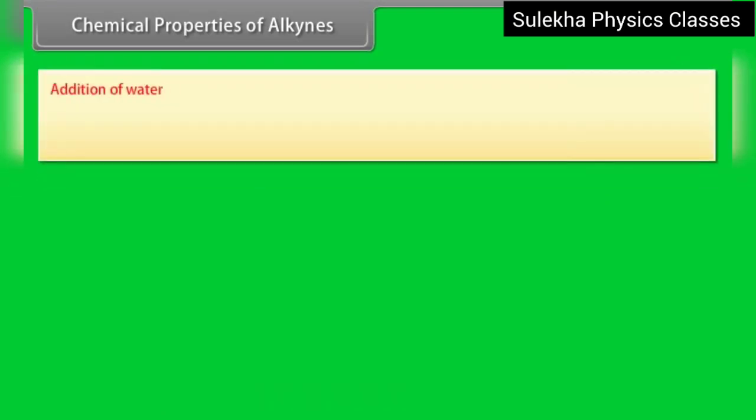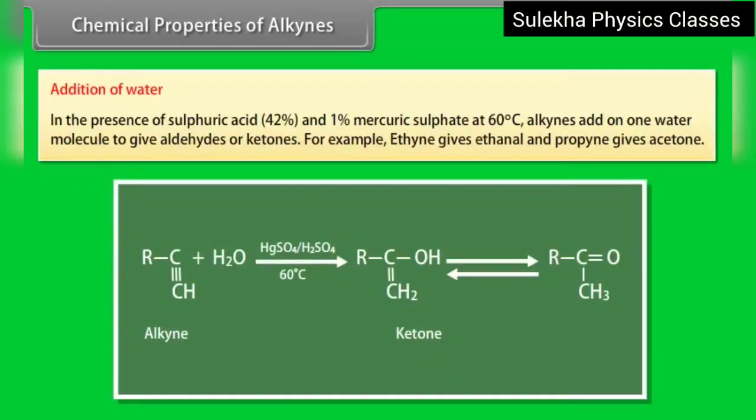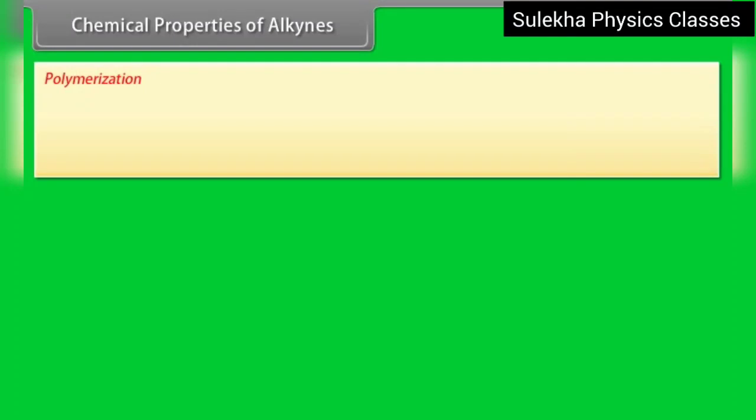Addition of water. In the presence of sulfuric acid, 42%, and 1% mercuric sulfate at 60 degrees centigrade, alkynes add on one water molecule to give aldehydes or ketones. For example, ethyne gives ethanal and propyne gives acetone. Polymerization.